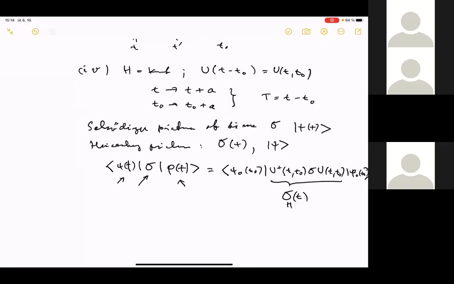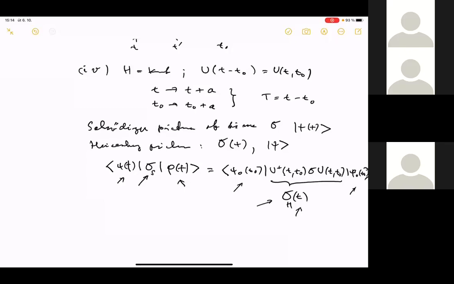So instead of letting the states evolve, we let the operators evolve, and the matrix elements of the operators calculated at time t can be calculated either by sandwiching the Schrödinger representation of the operator O by the time-evolved states, or by sandwiching the Heisenberg operator at time t with states which are the initial state of our problem.